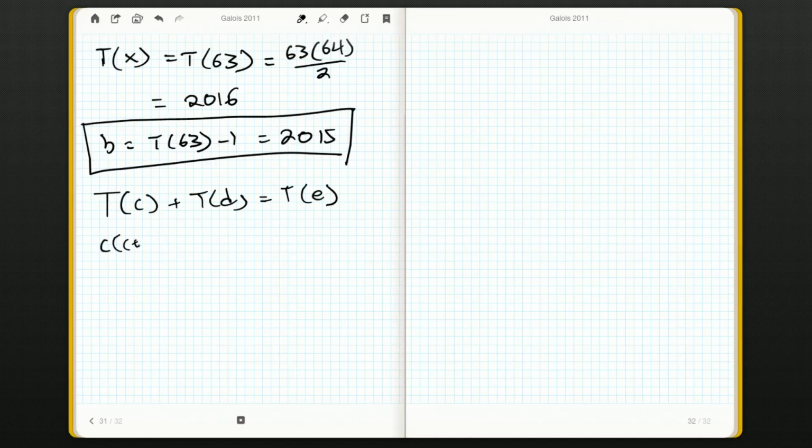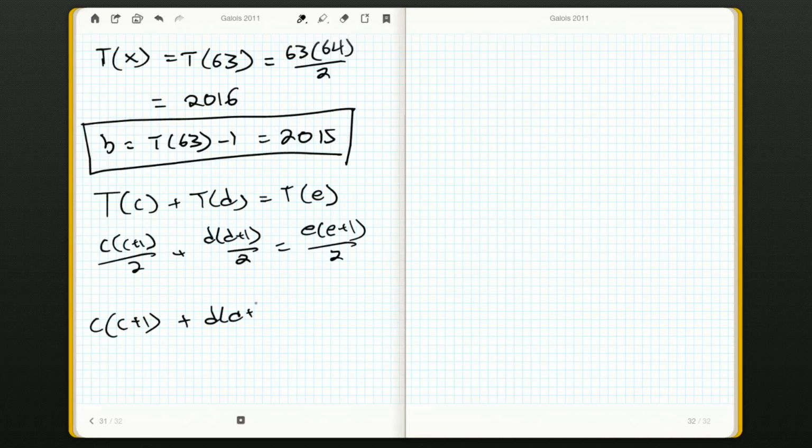So that's c times (c plus 1) over 2 plus d times (d plus 1) over 2 is equal to e times (e plus 1) all over 2. And since I have been taking out the division by 2 each time by multiplying the equations by 2, I figure I'll just jump ahead and do that. Anyway, I don't know if I'll need it. But I find this second equation much nicer to look at than all these divisions by 2.